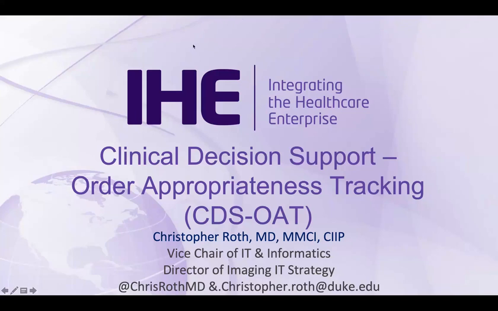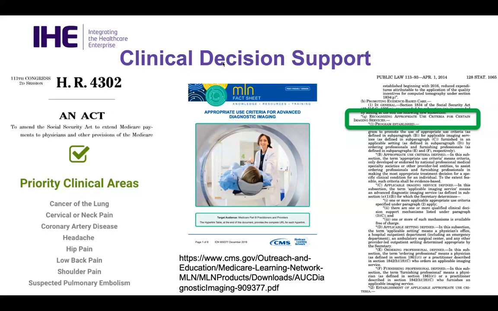So this is a very timely one. Most of you are probably aware of the clinical decision support mandate, and if you're not, I would refer you to the web link in the center of this screenshot. It was put out by CMS, but it's actually remarkably readable for something that comes from government.